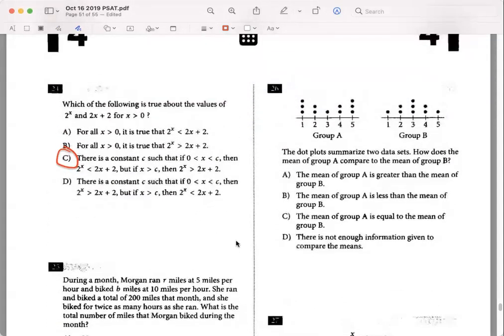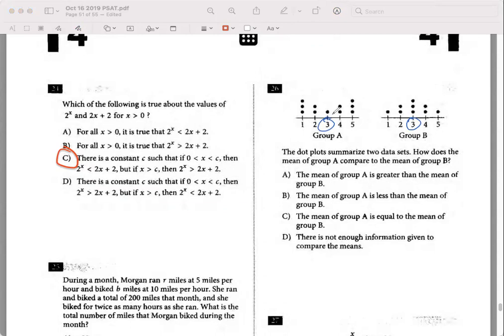Okay, the dot plot summarizes two data sets. How does the mean of group A compare to the mean of group B? So actually you can see that the means will be equal, right? Because 3 is right in the center of both data sets. You have 2 points to the left of 3, -1, and 2 points to the right of 3, +1.